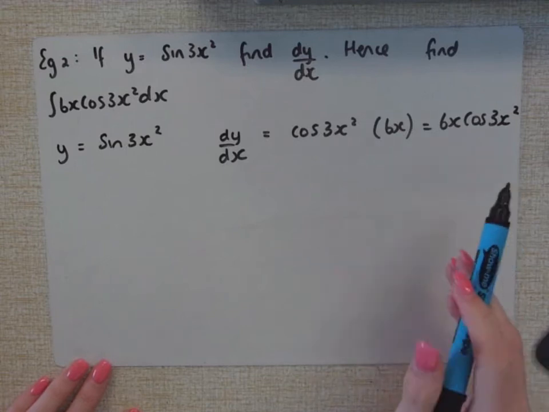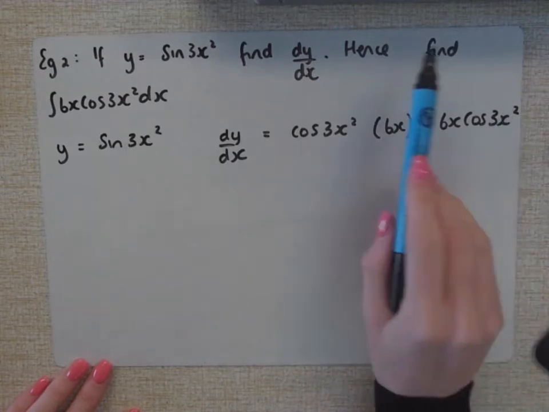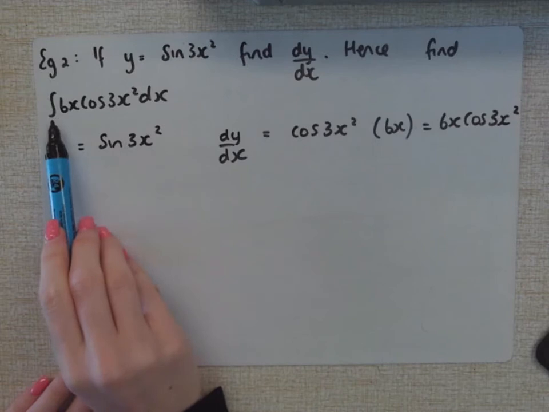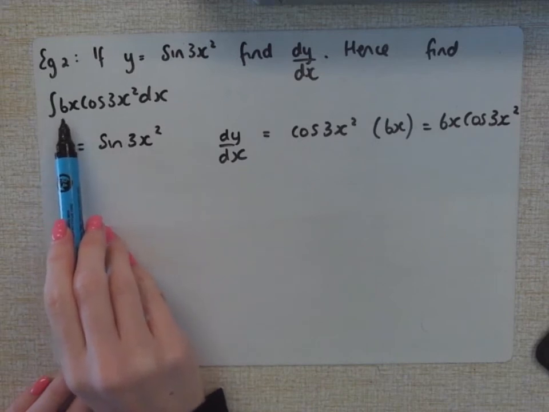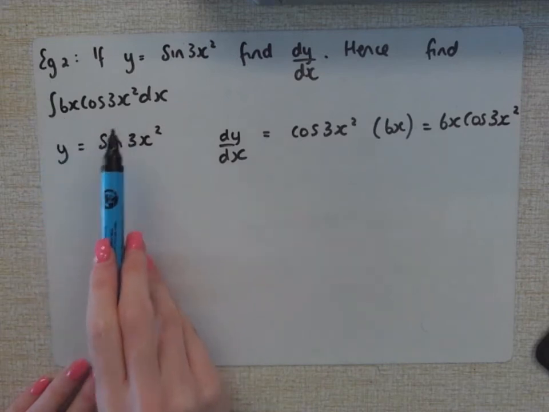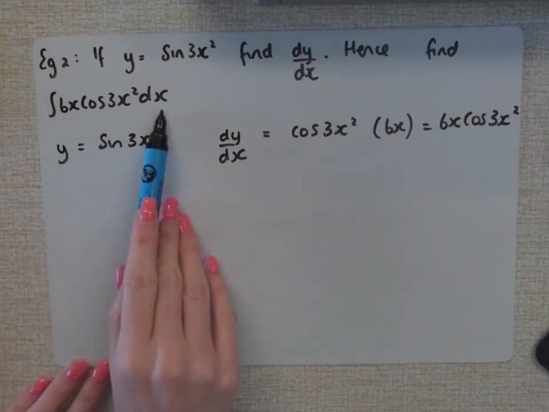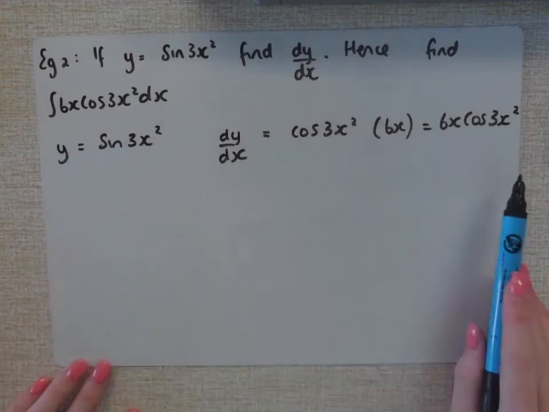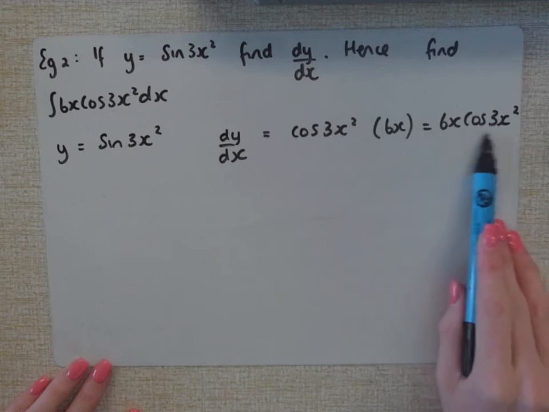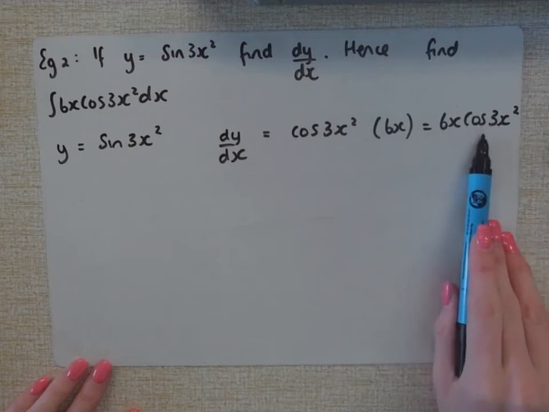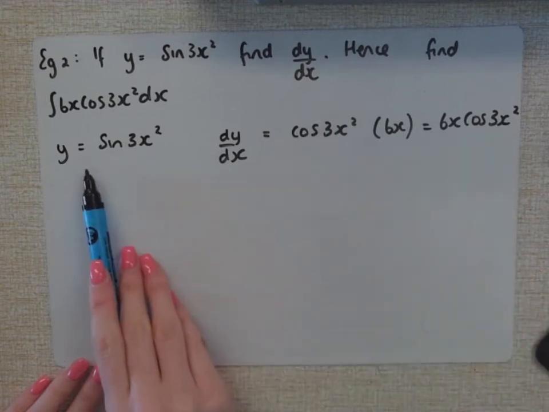Now, it then says, hence find the integral of 6x cos 3x squared. Where have I seen that before? Right there. When I integrate that, where do I get back to? The y, yeah.